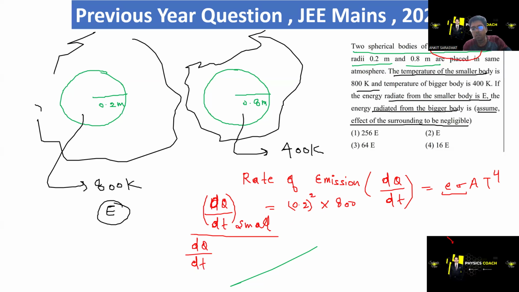of the larger body, large or big. Okay, it's 0.8 whole square, multiplied by 400 Kelvin. So this is given as E. They're asking for the larger body energy radiated.